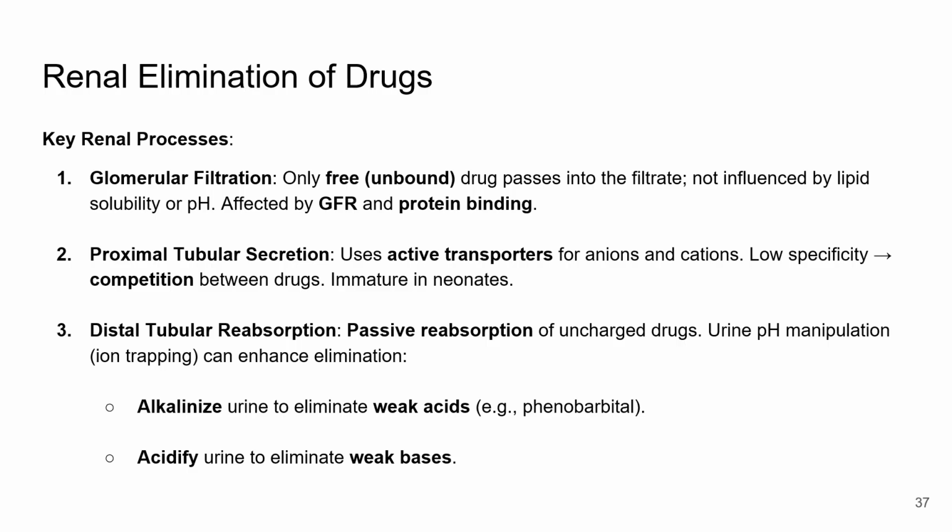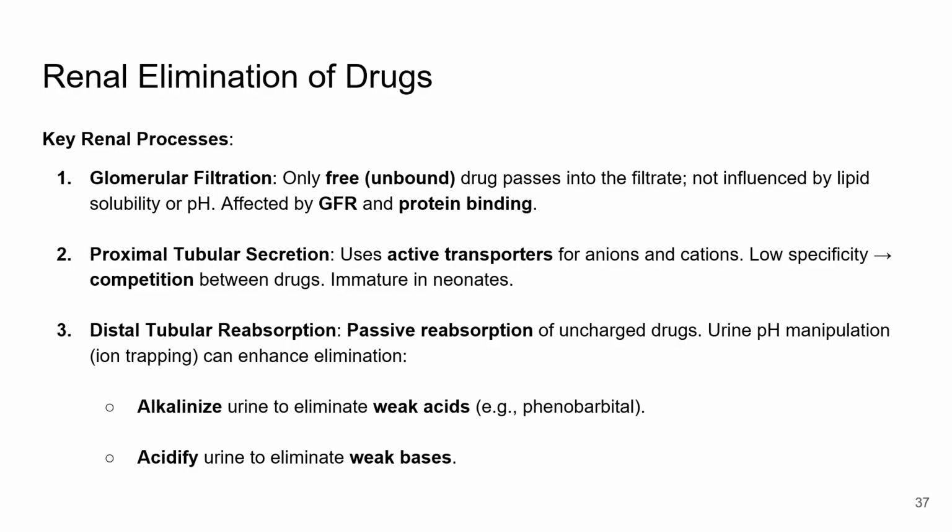And then the final process is distal tubular resorption. This is a passive process where unchanged drugs can be resorbed back into the bloodstream. And this is where urine pH matters. So by manipulating urine pH, we can use ion trapping to enhance elimination.